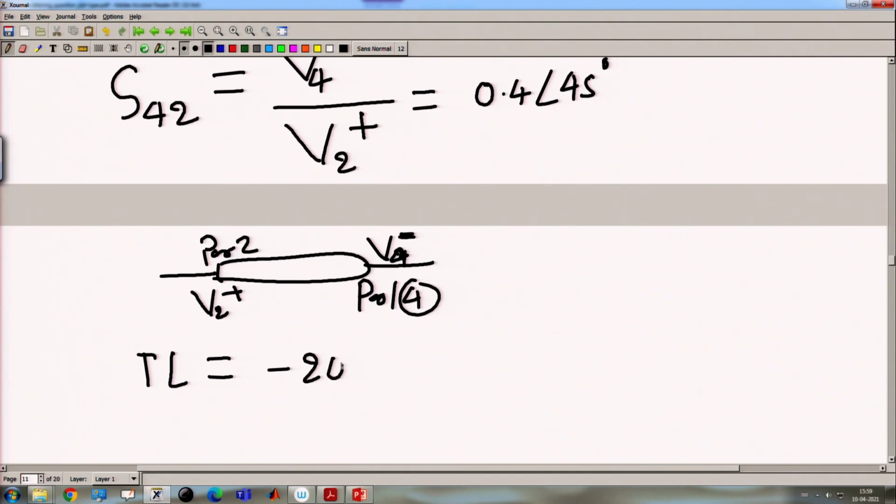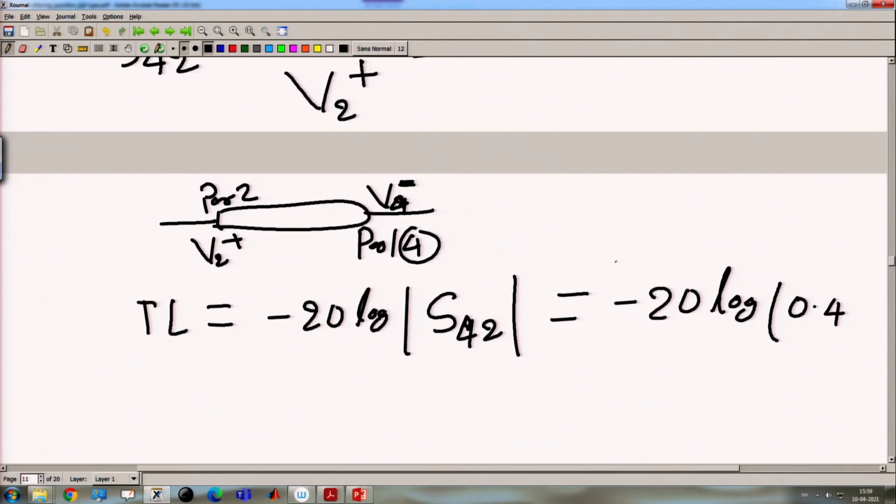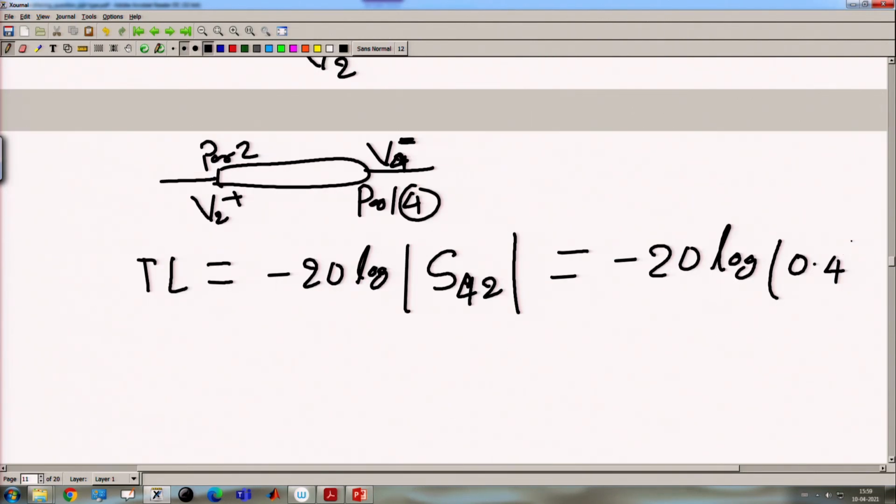Insertion loss will be minus 20 log of mod of S42, equal to minus 20 log of 0.4. So, that will give 8 dB.